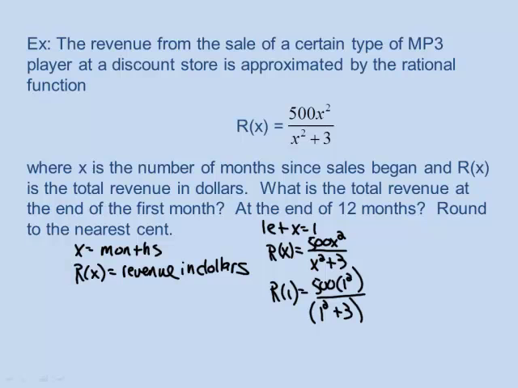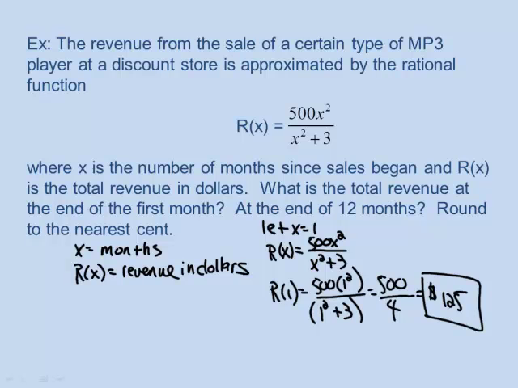Again, remember there's understood grouping symbols there. That's going to give us 500 times 1 divided by 1 squared is 1 plus 3 is 4. And 500 divided by 4 is exactly $125. So after 1 month, this particular discount store made $125.